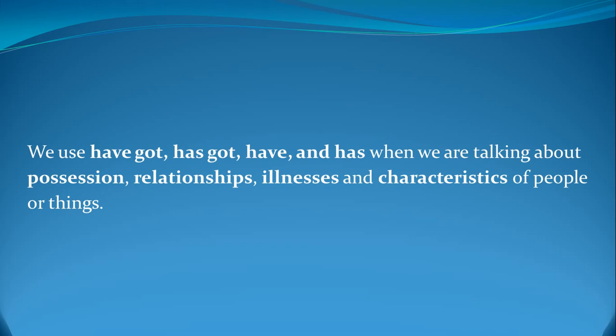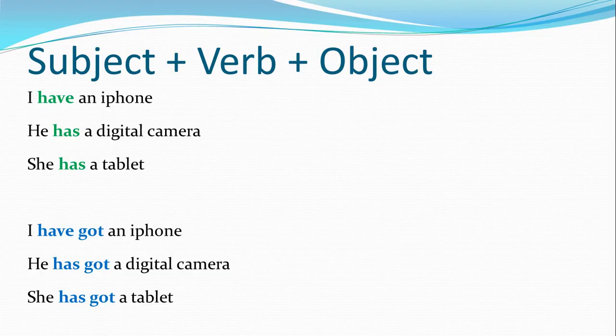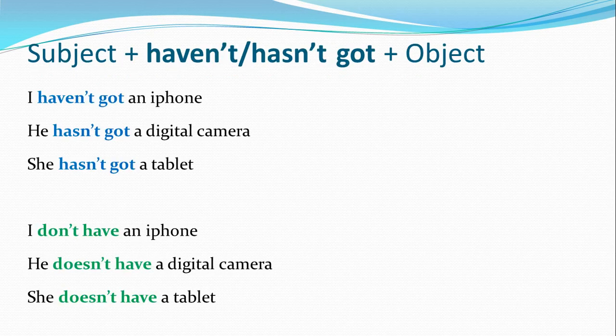We use have got, has got, have, and has when we are talking about possession, or also relationships, illnesses, and characteristics of people or things. What you need to remember here is the negative sentence. If you don't use the word got, so only have or has, you need the auxiliary verb do or does.